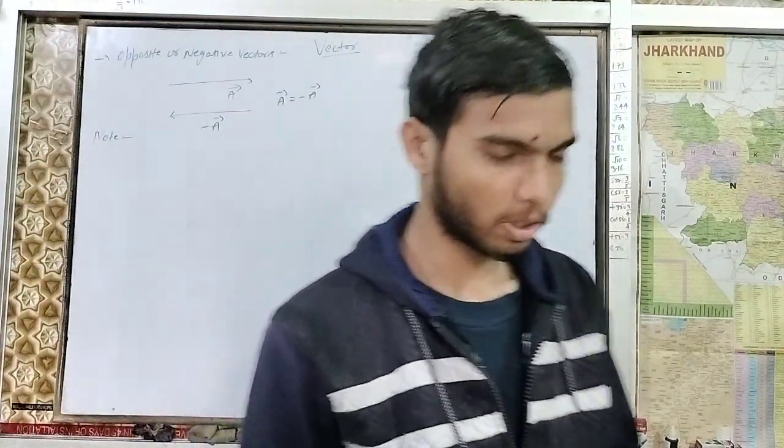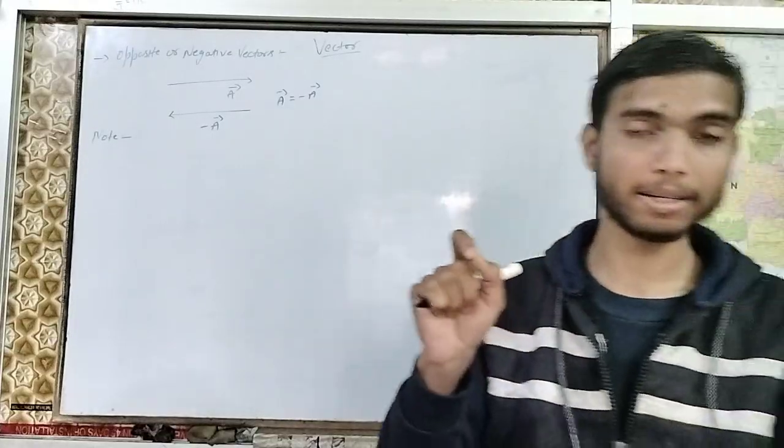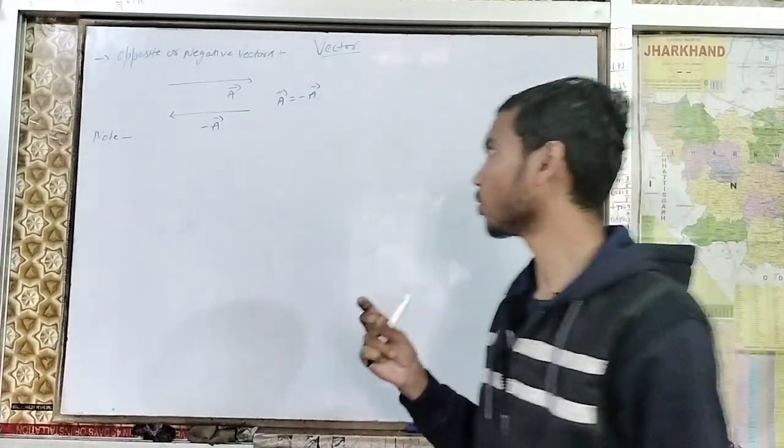Now, in a note: if you multiply a vector by a real positive number, what happens?